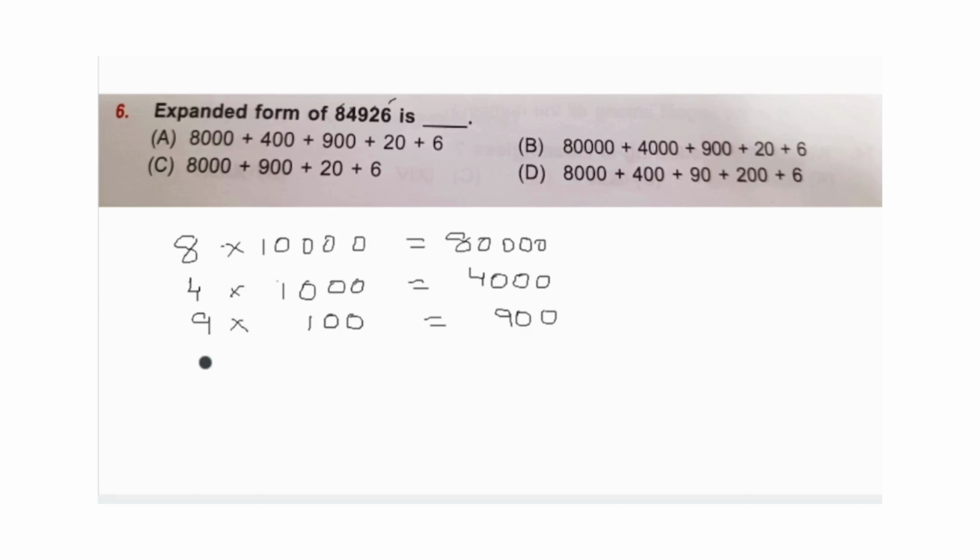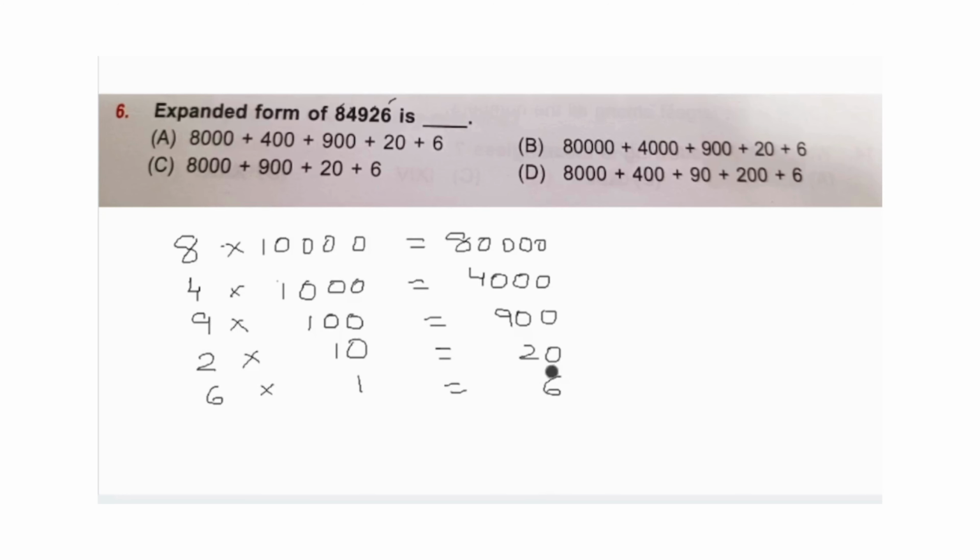Now let's look at the place value of 2. It's in the tens place. So 2 times 10 gives us 20. And lastly, the place value of 6. 6 is in the units place, the ones place, which is 1, which gives us 6.